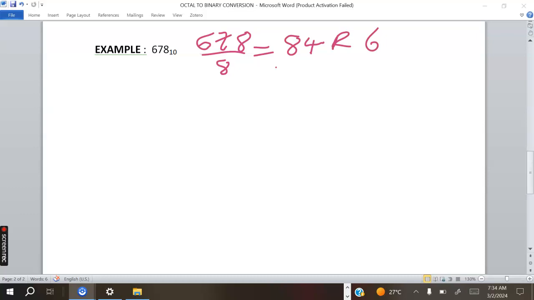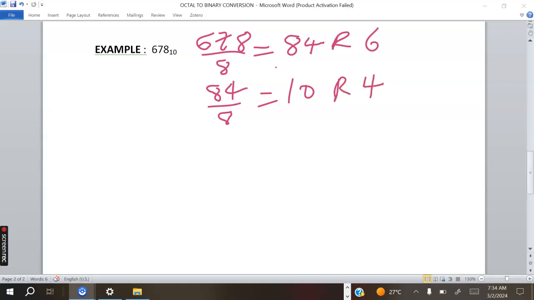Then we have the 84 divided by 8. I'm going to get 10, remainder 4.